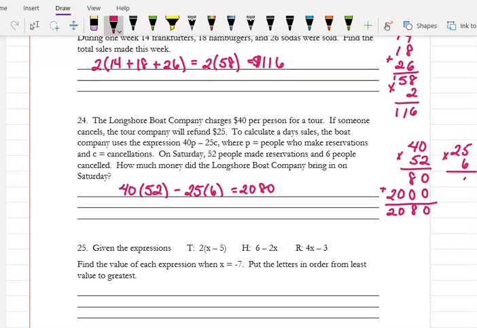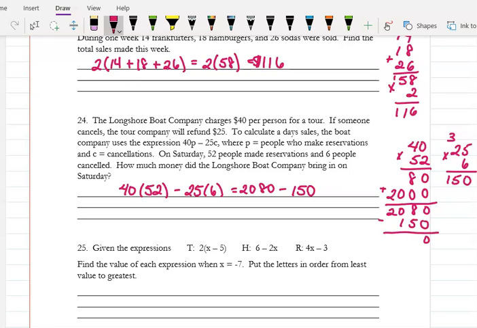And the next part is 25 times 6. 6 times 5 is 30, carry the 3. 6 times 2 is 12, plus 3 is 15. So then we need to subtract 150. Okay, so the final part is now I'm going to subtract 150 from 2,080.